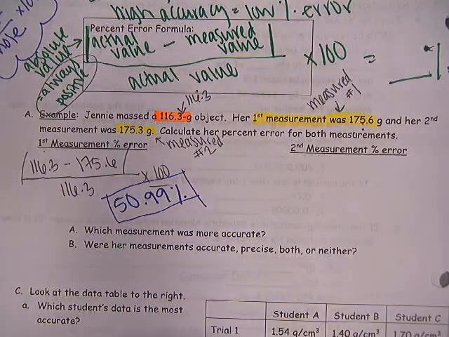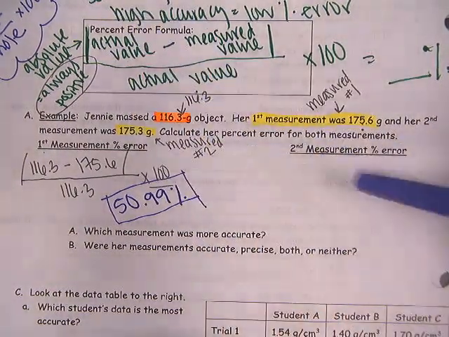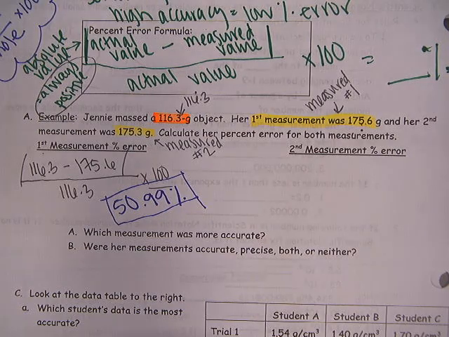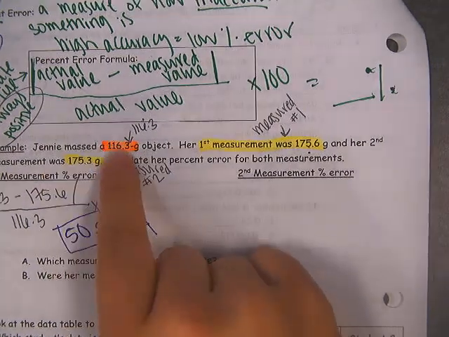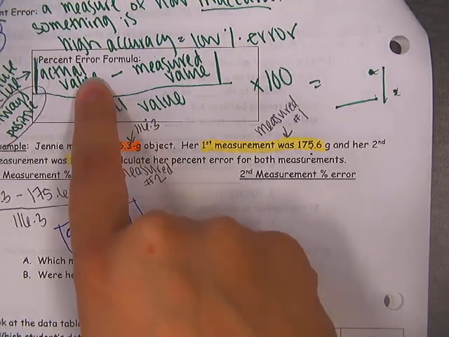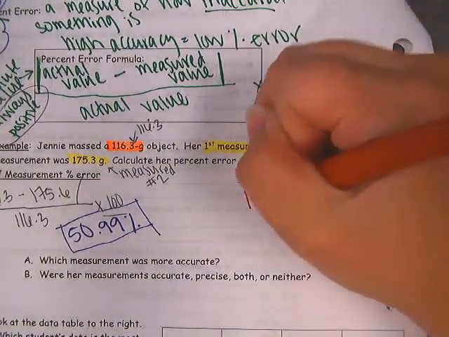So using the values that we already identified for her second measurement, I want you to use this same equation and calculate on your own what her percent error would be for measurement number 2. I'll pause, and then we'll go over the answer in a second. Her second measurement percent error is going to be calculated pretty similarly to the first one because it's the same object, so our actual value is the same. We use that same number, so I'm going to use 116.3.